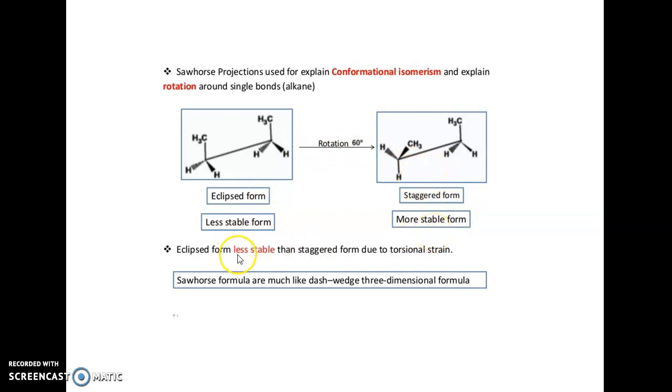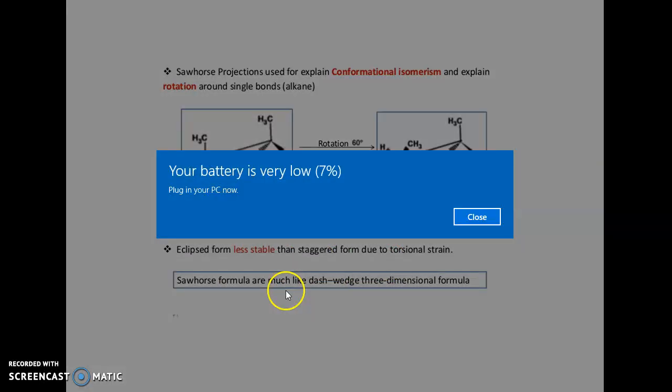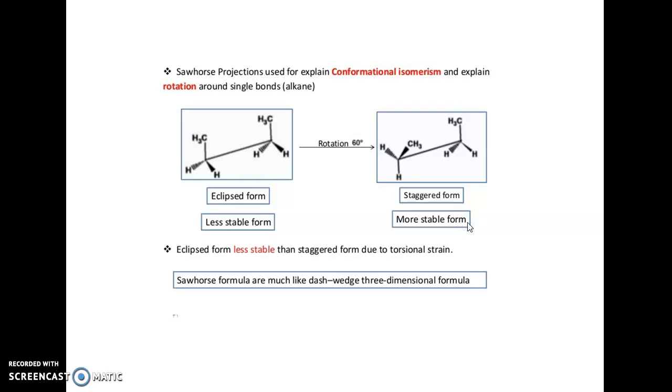Usually we say the eclipsed form is less stable than the staggered form due to torsional strain. We will discuss torsional strain later, but at present for 2 marks you can write in one sentence why the eclipsed conformation is less stable than the staggered form. Sawhorse formulas are much like the wedge dash three-dimensional formula.